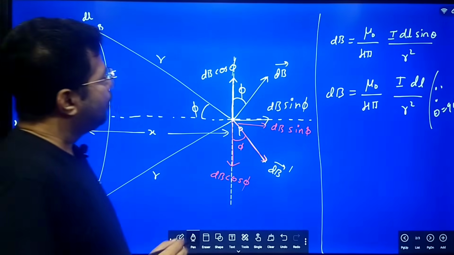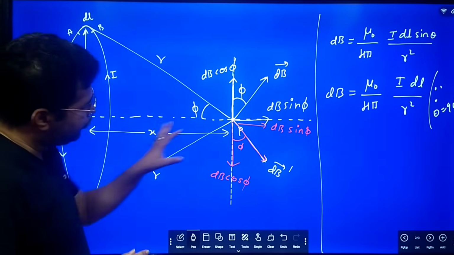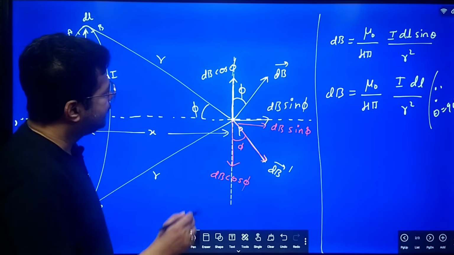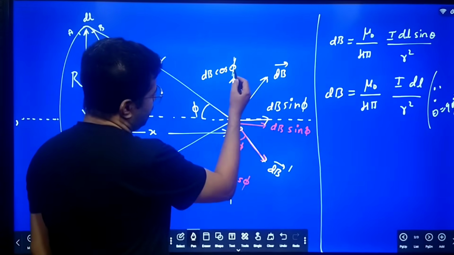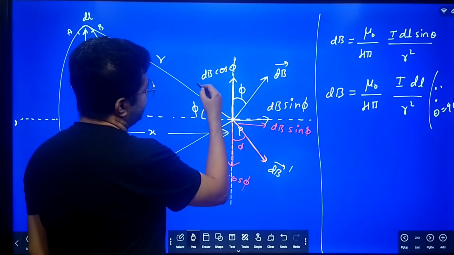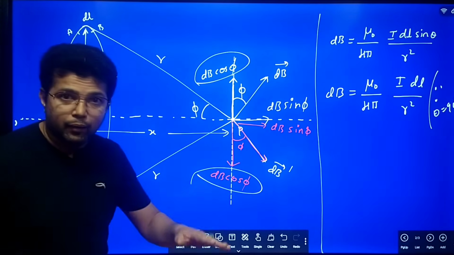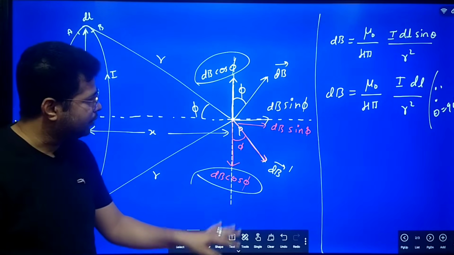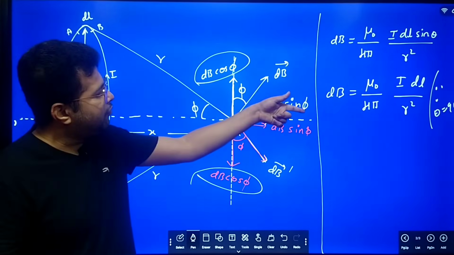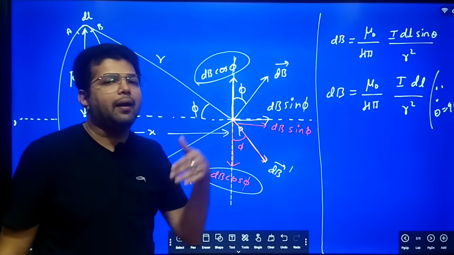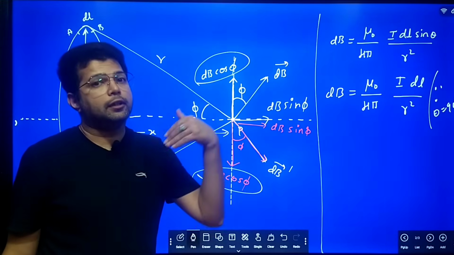Now if you look at this diagram, this dB cos phi and this dB cos phi are equal and opposite, and they get cancelled. And this dB sin phi and dB sin phi add up to give the resultant magnetic field.